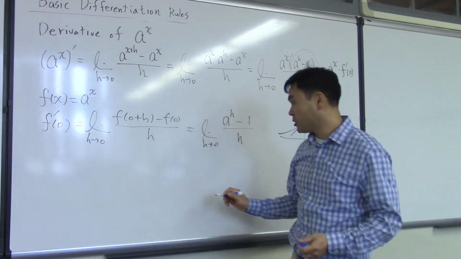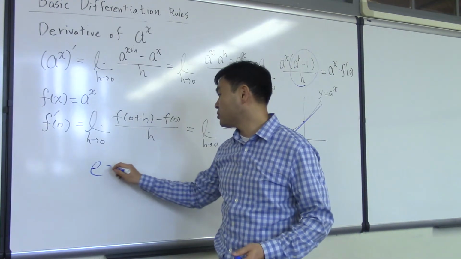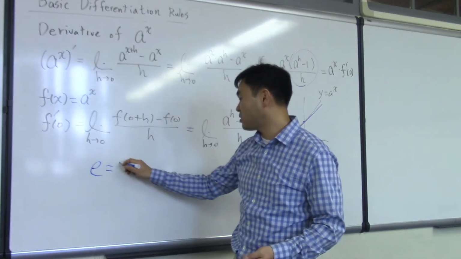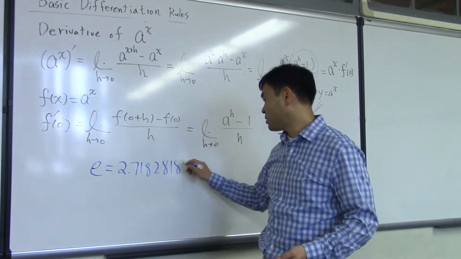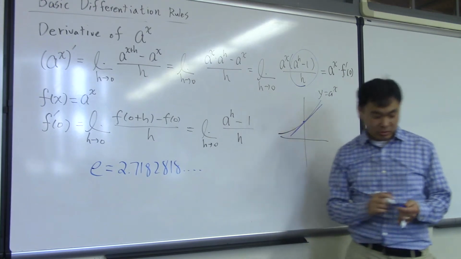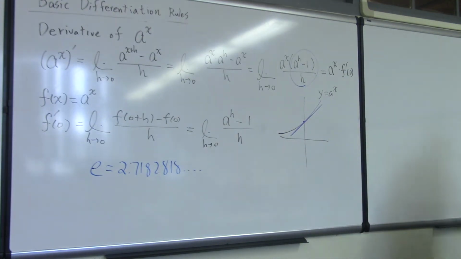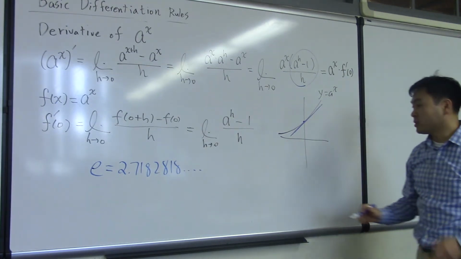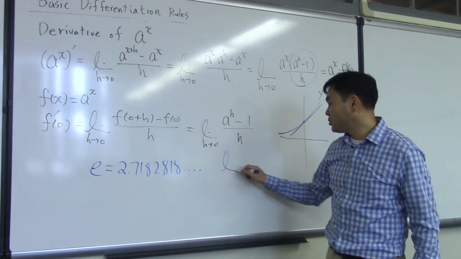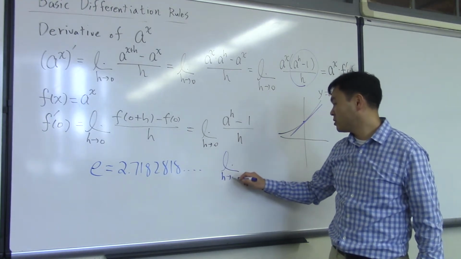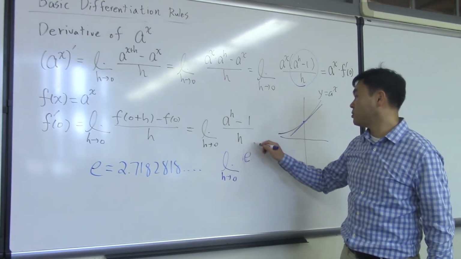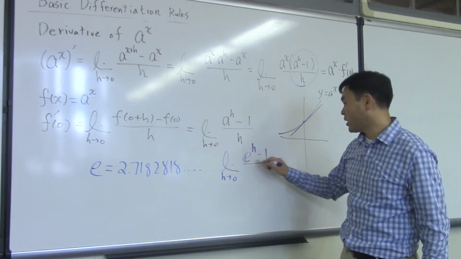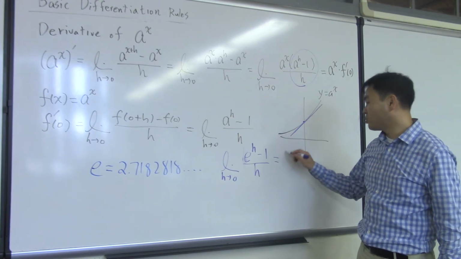So natural number e, which later can be computed as 2.7182818, and so on and so on. Right? That number has the property that if you compute e to the h minus 1 over h, it gives you 1.